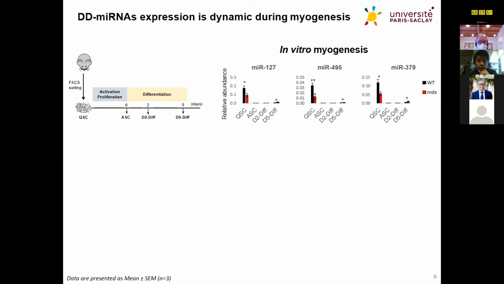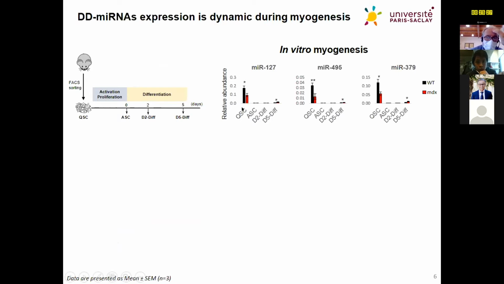And we would like to check the expression level of the DD-miRNA during the regeneration process. First of all, an in vitro assay was done by FACS sorting the satellite cells and letting them in culture for activation and differentiation. You can see that the dysregulation is already seen at the satellite cell stage.